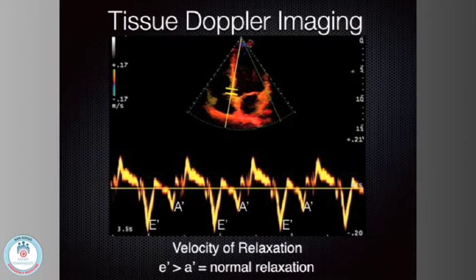Instead of calling it EA, we call it E prime A prime. During pulse wave Doppler, we had a positive inflection, but during tissue Doppler, we have a negative inflection because we're measuring how fast the base descends away from the heart during the early phase and the atrial kick.